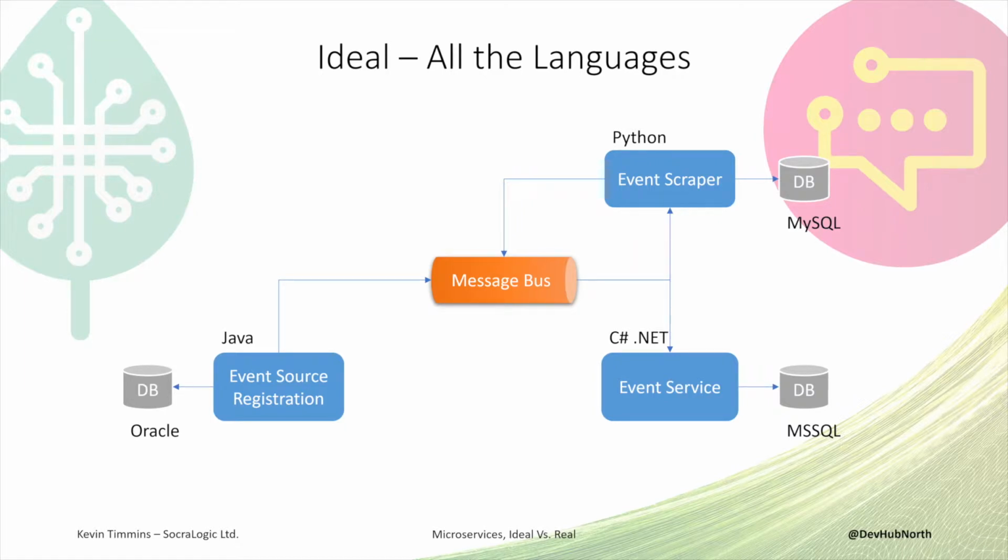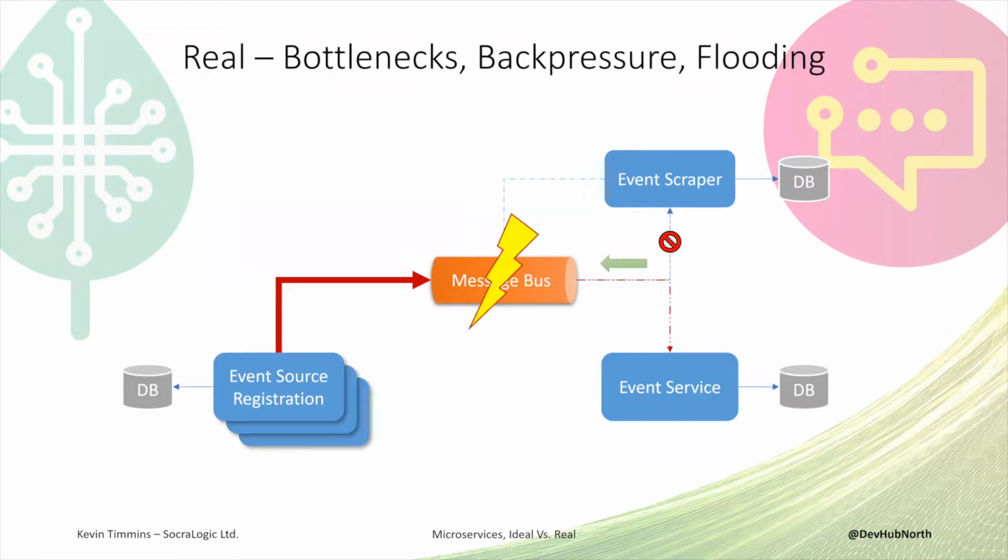So we're going to move into the first reality now, and this is quite an interesting reality. Let's talk about bottlenecks, backpressure, and flooding. If we think about that first ideal that we were talking about, scaling on demand, in a theoretical sense that sounds fantastic. The danger comes when we fail to appreciate downstream dependencies.